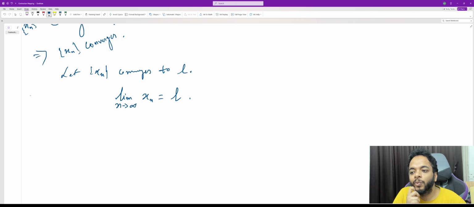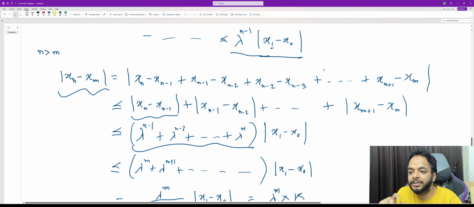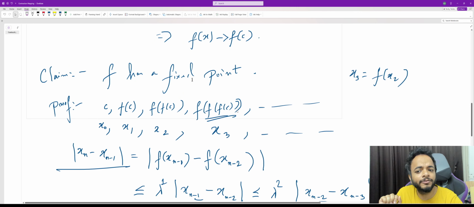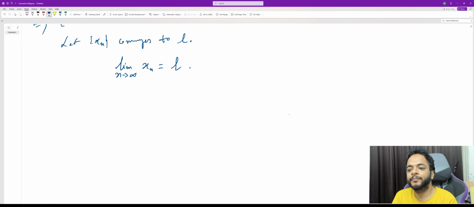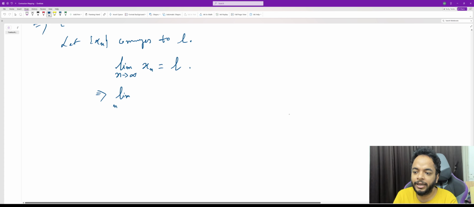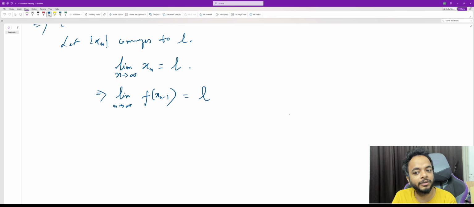So now we have that sequence, and we have proved that the sequence converges. But now you will say, where is the fixed point of the function? Okay, so now you see that xn is limit n tends to infinity f of x(n minus 1), that is equal to L. Okay, and now we have proved that our function is continuous.